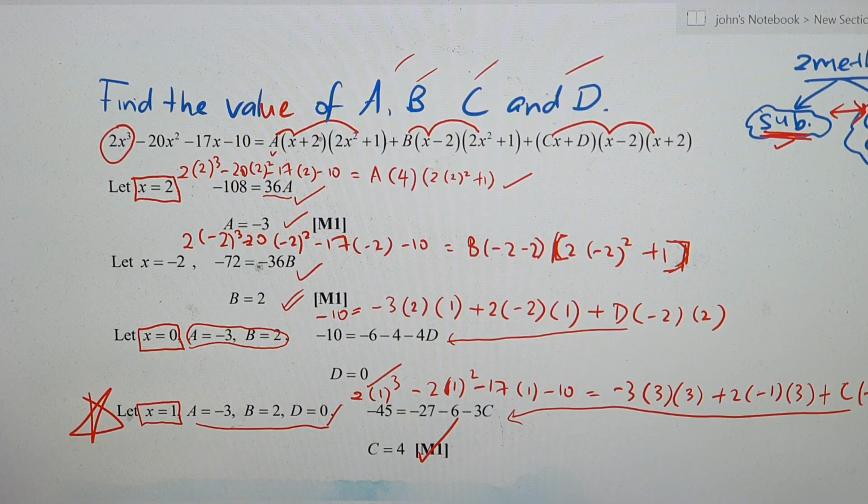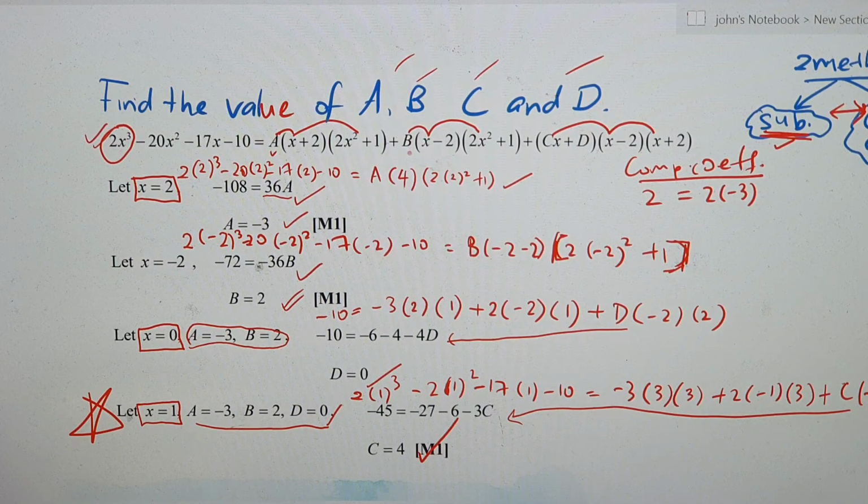So that means 2a. So if I were to compare coefficient, I will get on the left side is 2, down here is 2. On the right side is actually 2a, but my a is minus 3, so it's actually like that.